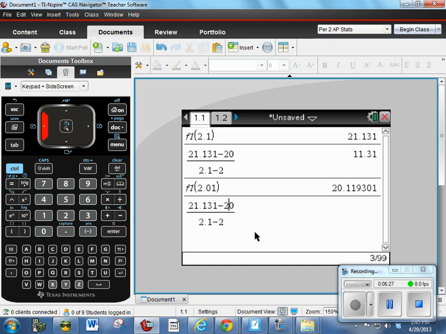This is now 20.1193, and down below, this is now 2.01. So now I see that I have 11.93. And then I want to try this one more time with 2.001.